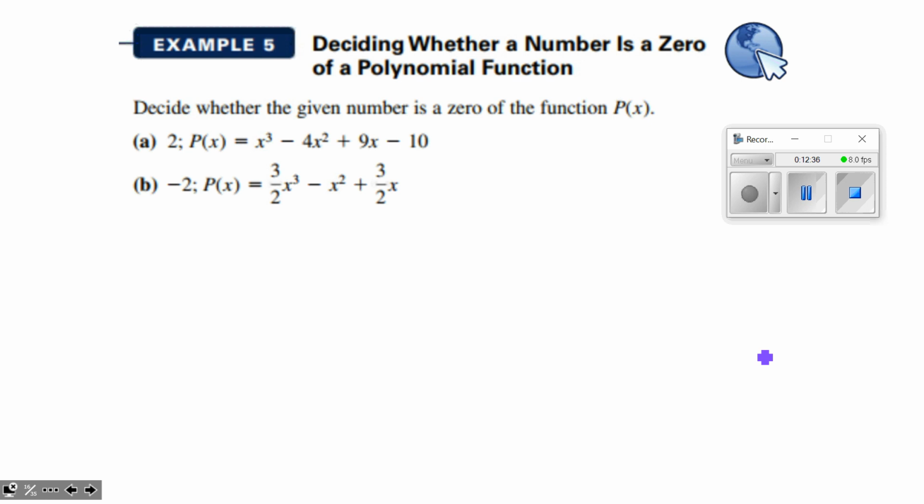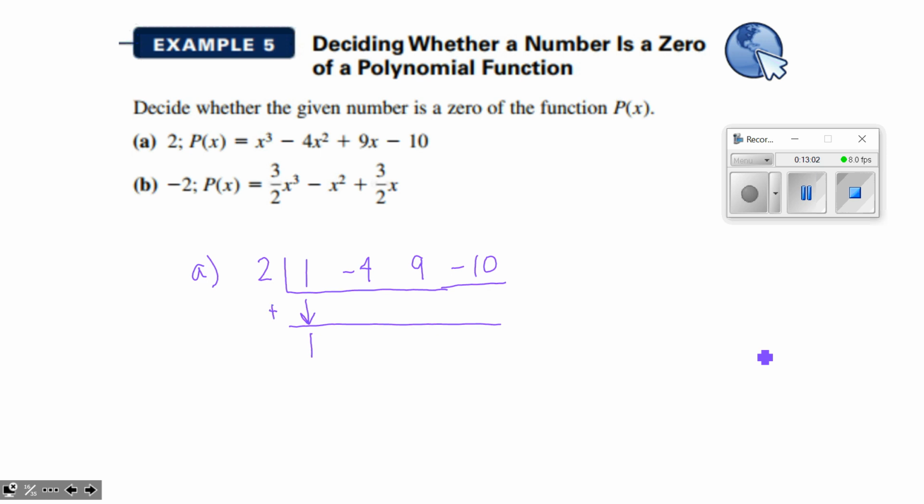So for A, to use synthetic division, I'm just taking the intended 0, and I just need the coefficients. So x cubed is 1, negative 4 for the x squared, 9 for the x, and negative 10 for the constant. So we're going to bring down the 1.